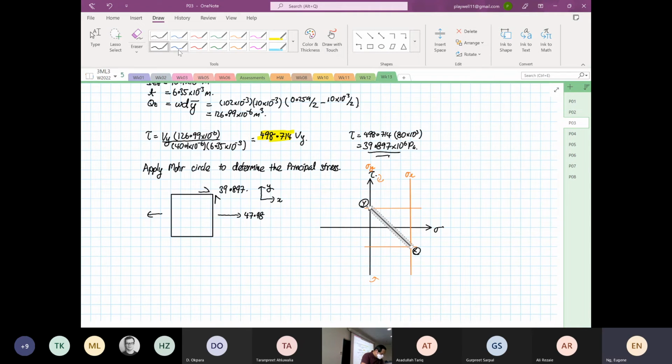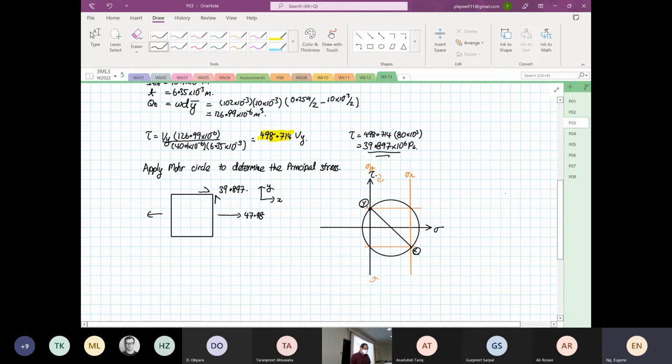Okay, we sketch Mohr's circle. This is just a sketch. Okay, so this is our Mohr's circle.